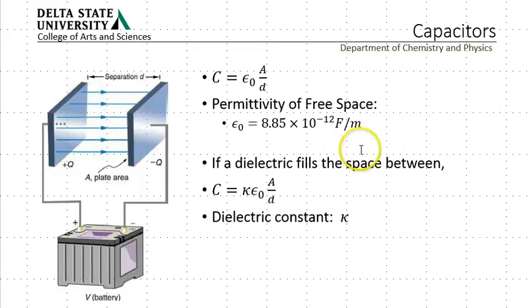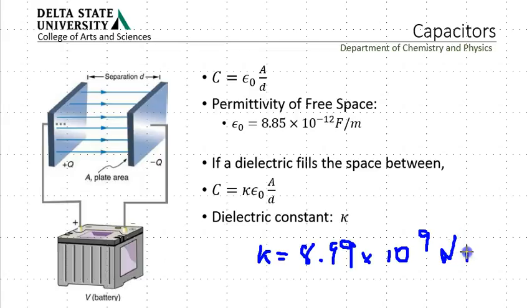Epsilon naught is this quantity we call the permittivity of free space. And the cool thing here is that epsilon naught is a more fundamental quantity than k. The number k that we've been using is 8.99 times 10 to the ninth newton meter squared per coulomb squared.